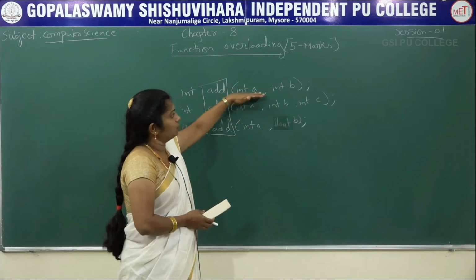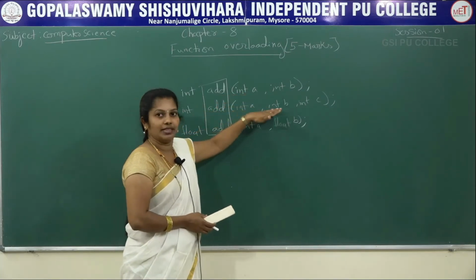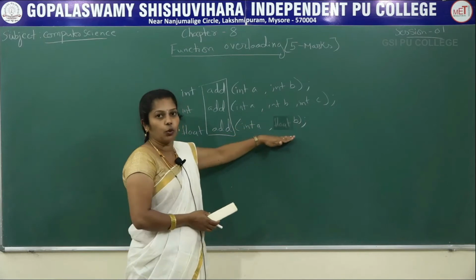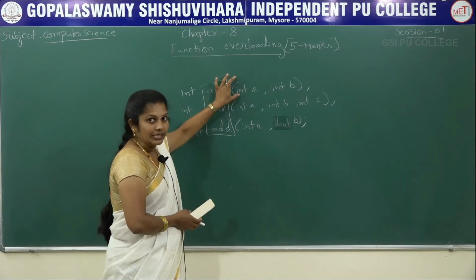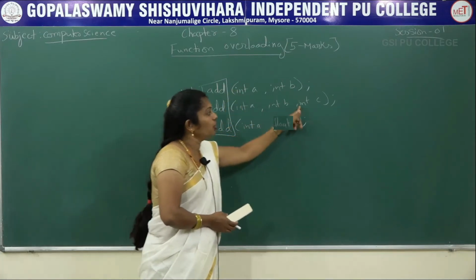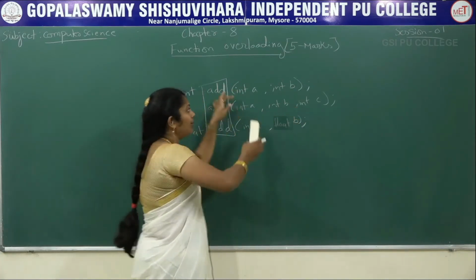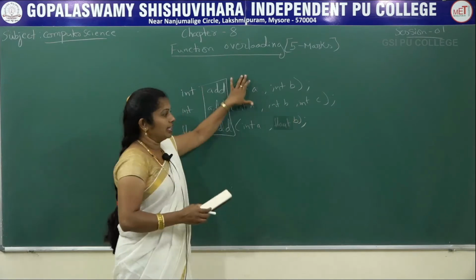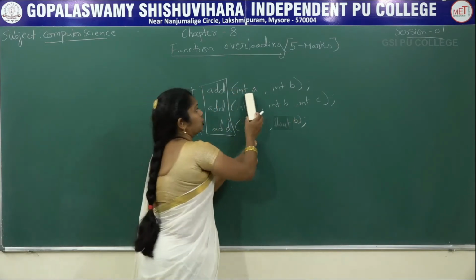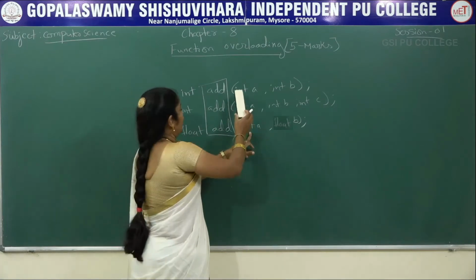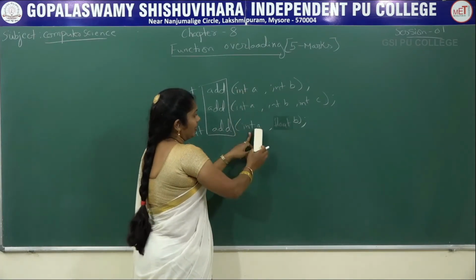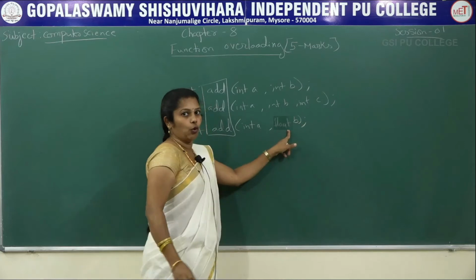In the first function we have 2 arguments, in the second function 3 arguments, in the third function 2 arguments. Here 2 arguments, here 3 arguments, so the number of arguments is different. But in the first and third case, the number of arguments is the same, 2 and 2. But what is the main difference? Here the return type is int, whereas in the other it is float.